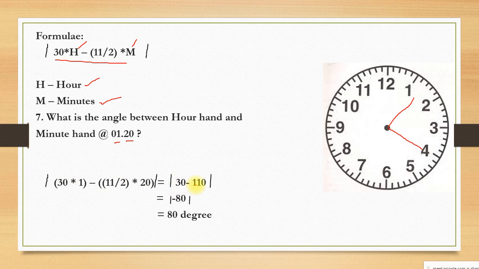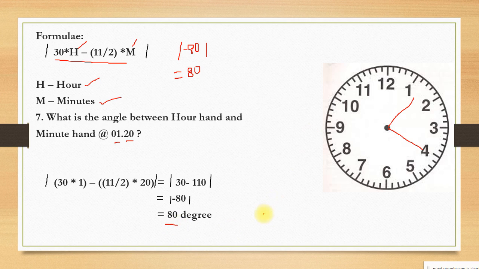which is nothing but 30 minus 110, determinant. I hope you studied in your mathematics, whenever you use this determinant value, even if the value is in negative sign, you have to write it only in the positive sign. That is the reason why this determinant is given. So here the value is 30 minus 110, the determinant of minus 80, so the value will be 80 degree.